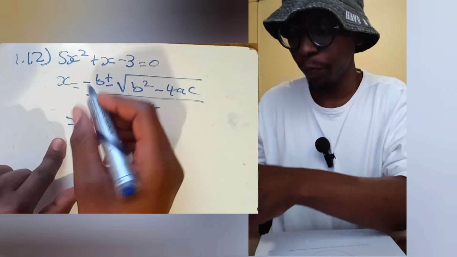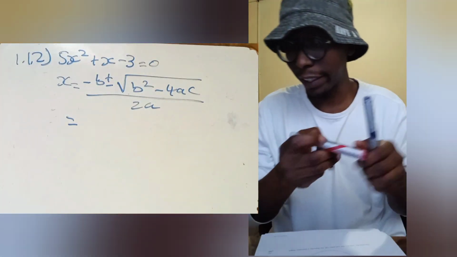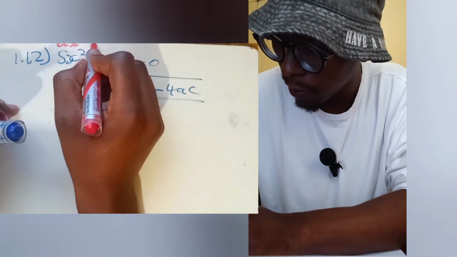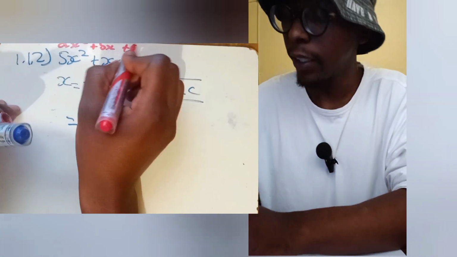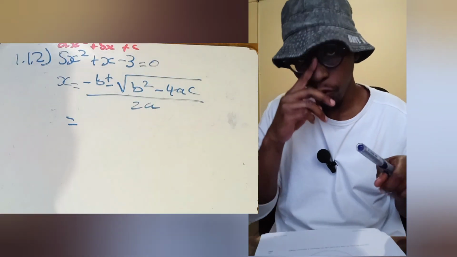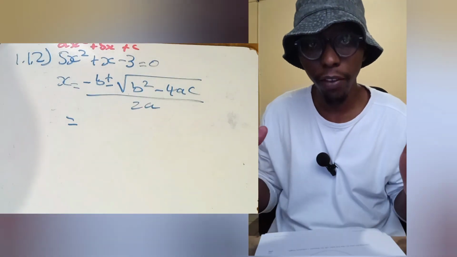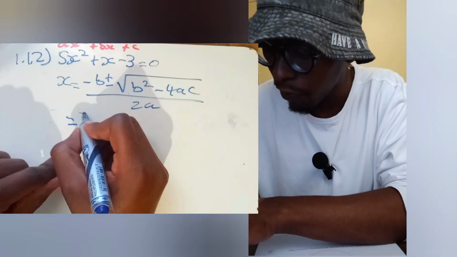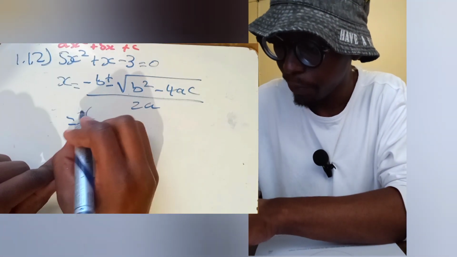And then now I know a standard trinomial here is ax squared plus bx plus c. That's why they always encourage you to write it in standard form, because you can easily identify your a value, your b value, and your c value. So whenever I substitute, I use brackets.